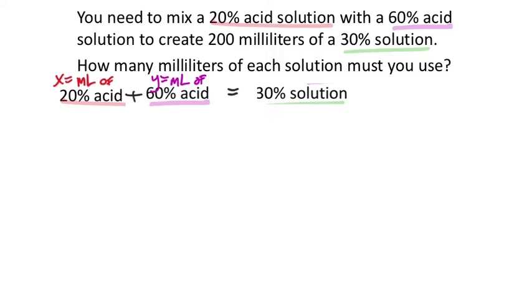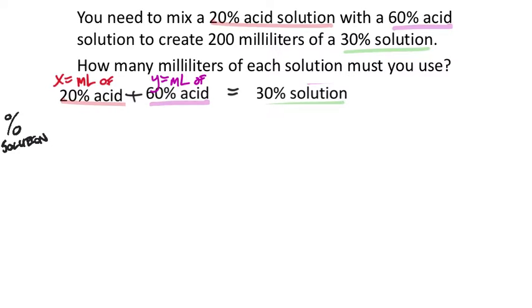Our first equation is going to be based off of the percents. I'm saying percent because I don't know the scientific term for it. Maybe it's the percent solution. The first equation is just going to be based off the percent solution.